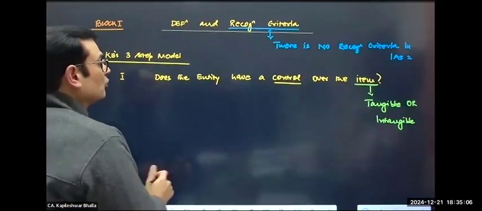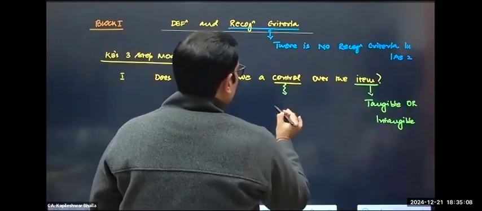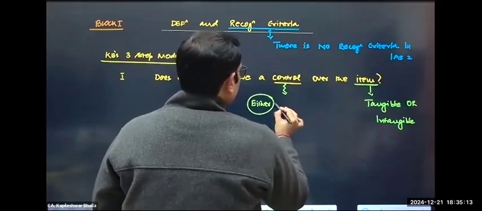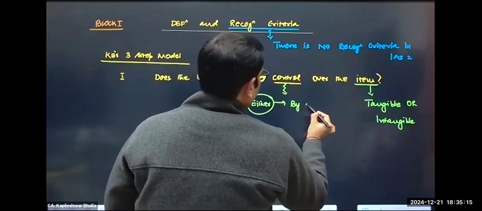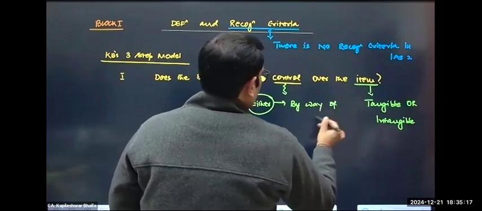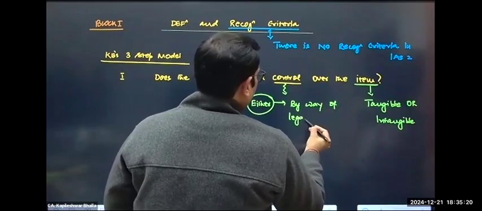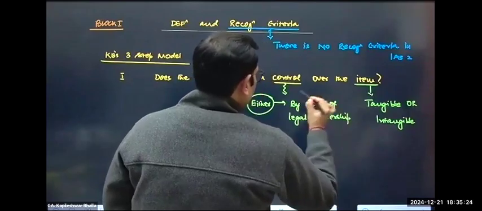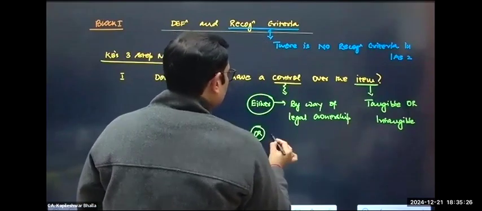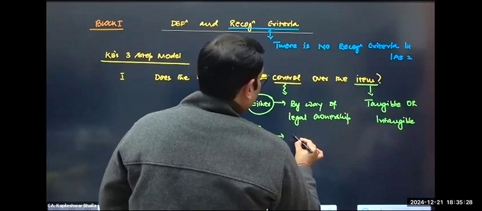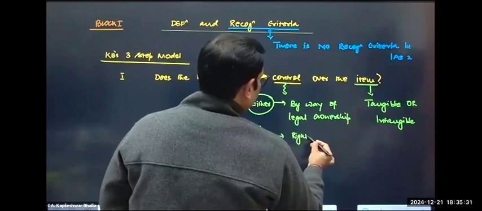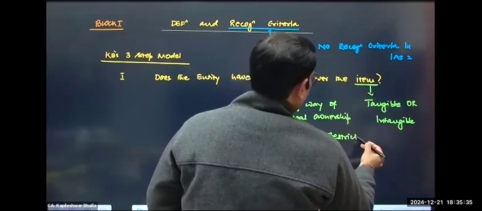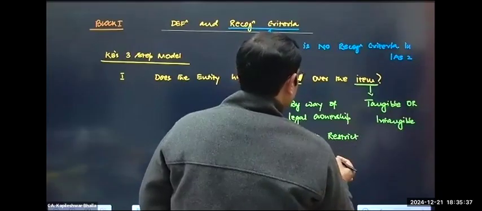So does the entity have control? How would I prove control? You need to prove control either by way of legal ownership, or where we have the right to restrict others from use.